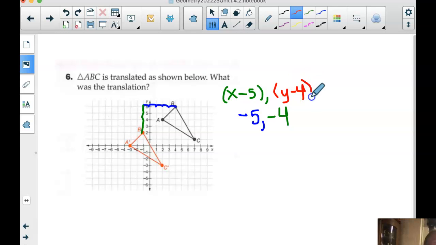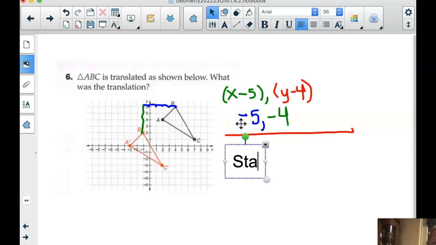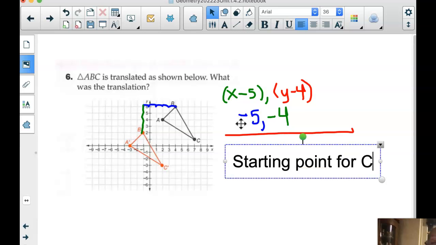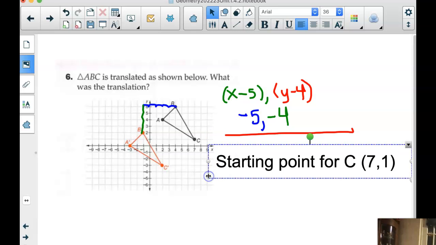Now let's see if that works again. Notice where C is. C is at 7, 1. So this is our starting point. Starting point is 7, 1. And let's see our ending point.